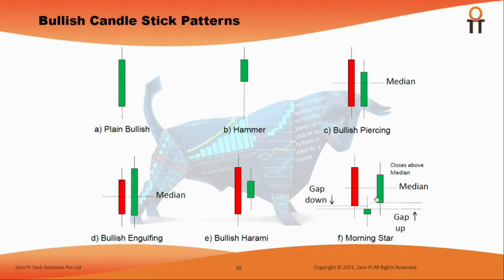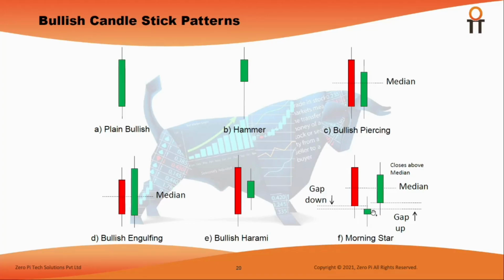So three candlesticks make together a group. So how to interpret a morning star? This is an ideal case where we have a red candle. There is a gap down opening. Gap down in the sense you can see this is the closing price of the red candle. There are no trades between this close and this open. So there is a gap down and a small candle is formed.